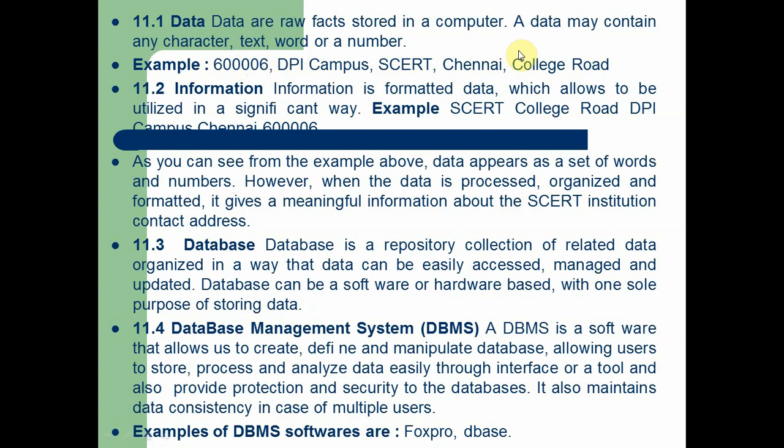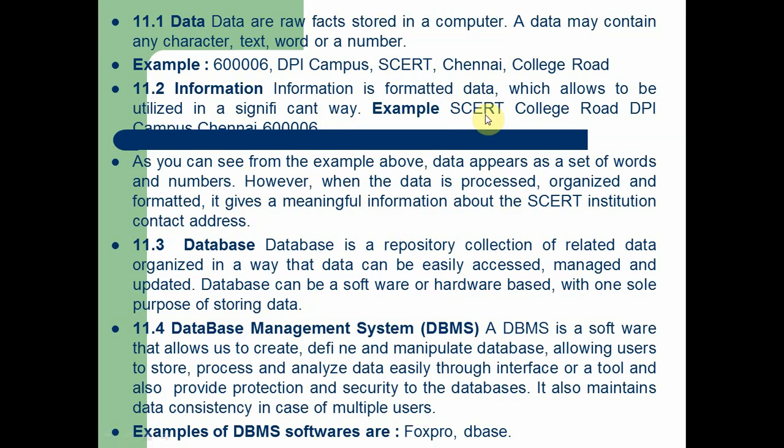But when you process this data in a proper manner by using DBMS software, you may convert it into useful data, which is called information. Information is formatted or processed data which allows it to be utilized in a significant way.